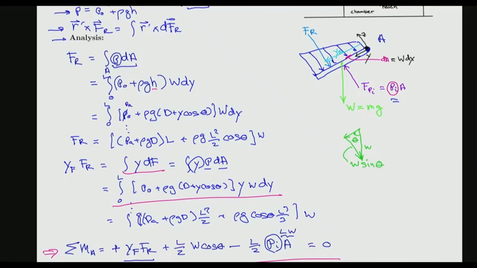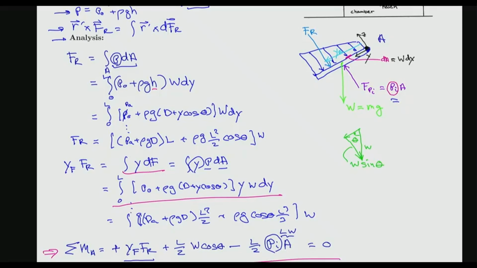Good. Yeah? In your equation for the magnitude of the resultant force, where does the L squared over 2 come from? It comes from taking the integral of this. We integrate with respect to y, from 0 to L. You can do the intermediate steps, but in the homework, I assigned 2 problems that involve force on submerged surfaces.